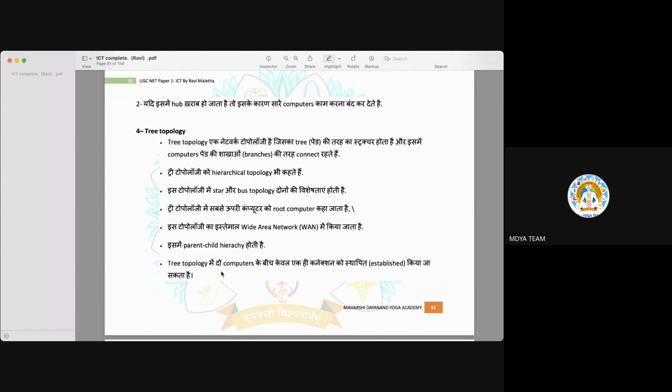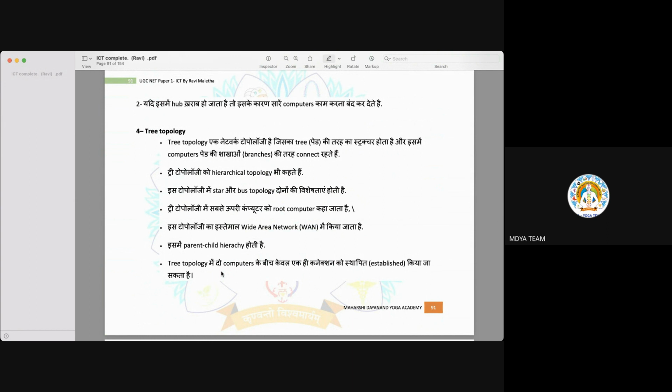Now, this topology is mainly used in WAN, that is the wide area network between the various countries. This network is formed if there is a single server. Various computer systems can be connected through a single one.